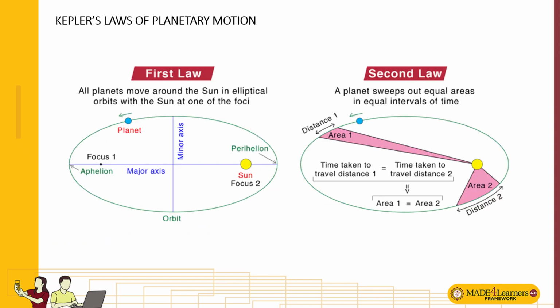So for planetary motion, again, the gravitational force is responsible for the circular motion. But according to Kepler, for planets moving around the sun, the motion is not circular but elliptical.